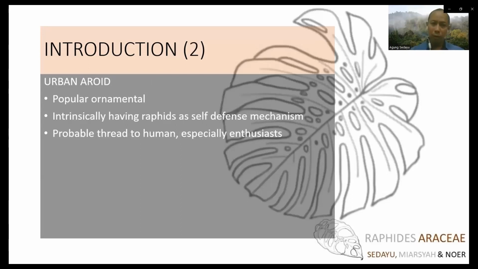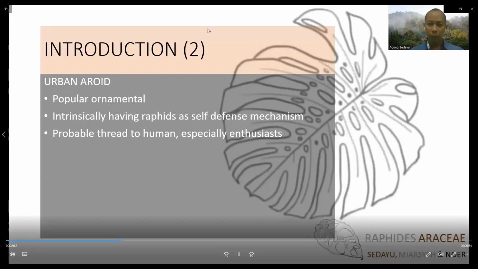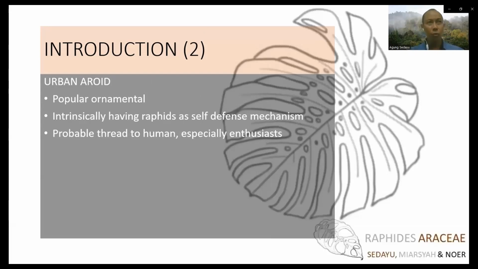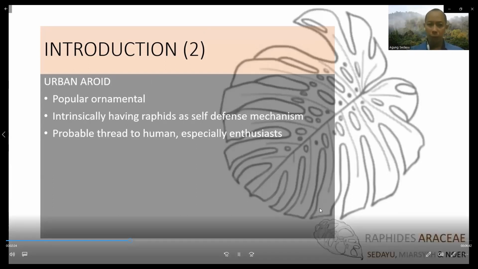Among the urban aroids, most of them are popular ornamentals. Some are a source of wood, some are a source of medicine, but the most popular usage of the aroids is as ornamentals.